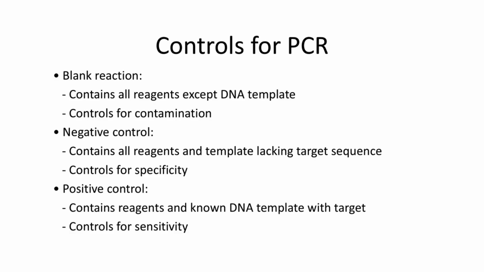The positive control includes all reagents plus a DNA template with a known target sequence. This ensures the sensitivity of the PCR, confirming that the reaction works as expected. Together, these components, steps, and controls ensure that PCR produces accurate and reliable results.